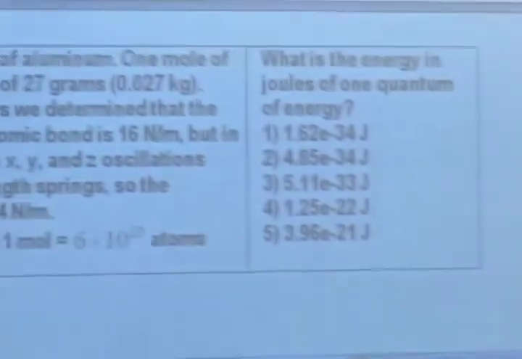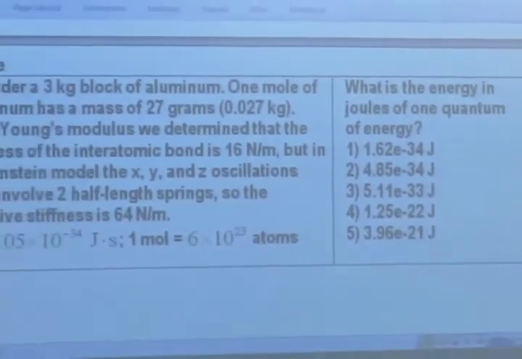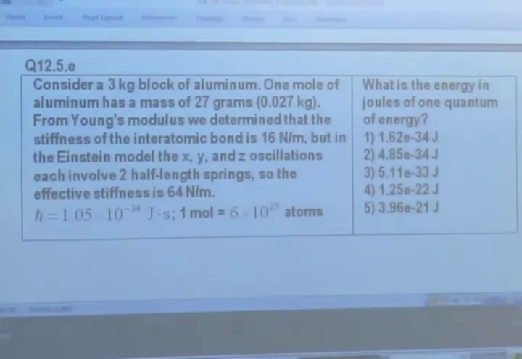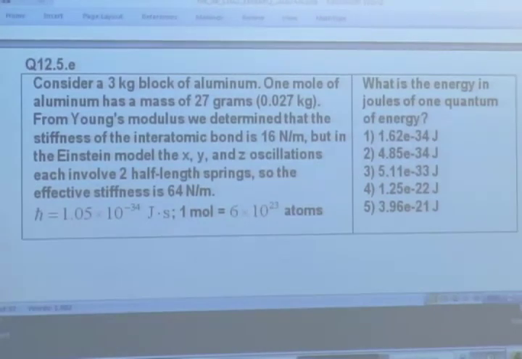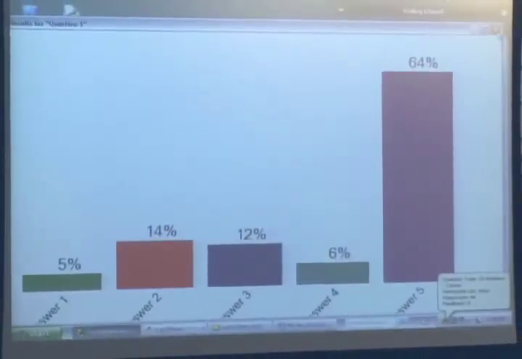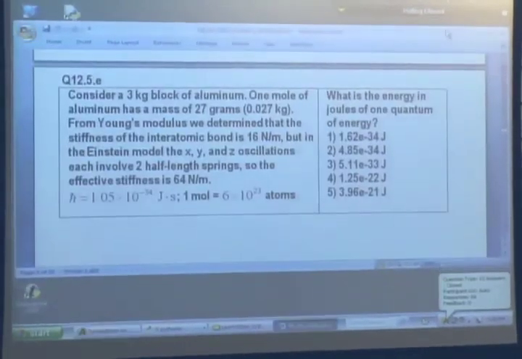Okay, so when we talk about one quantum, if we're talking about blocks of aluminum, nanoparticles made of aluminum atoms, we want to know what this one quantum is, how much energy this actually is. Okay, and these are given in joules. It's a small number of joules, but okay. So that's correct. That's what it comes out to.